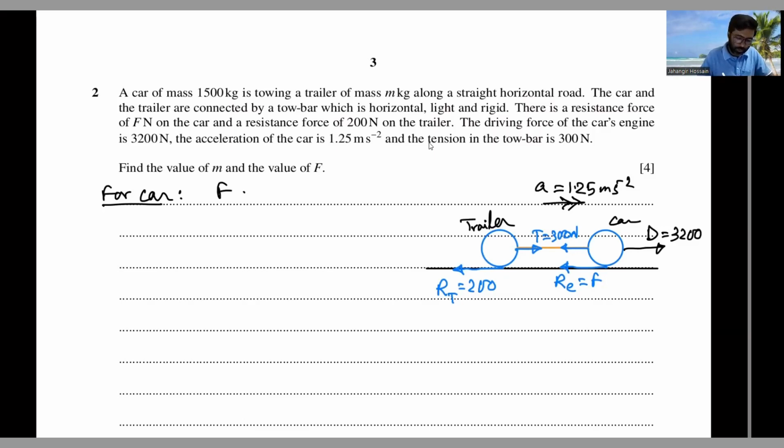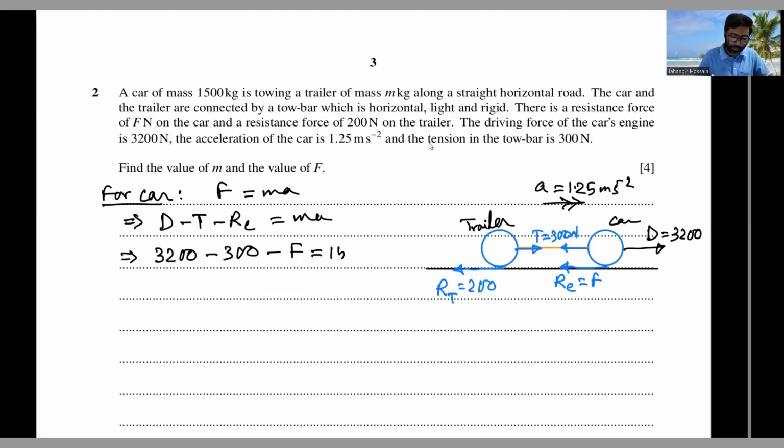For the car, applying Newton's second law, it will be D minus T minus R equals ma. So the driving force is 3200 minus tension 300 minus resistance, which is F, equals mass of the car, 1500, times acceleration, 1.25.